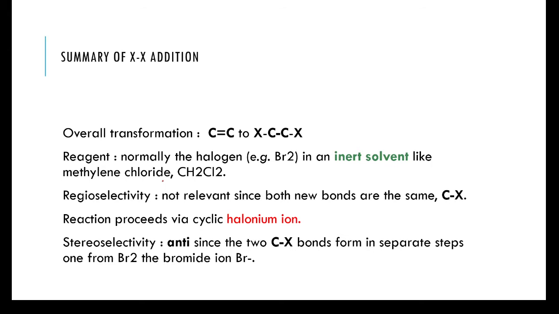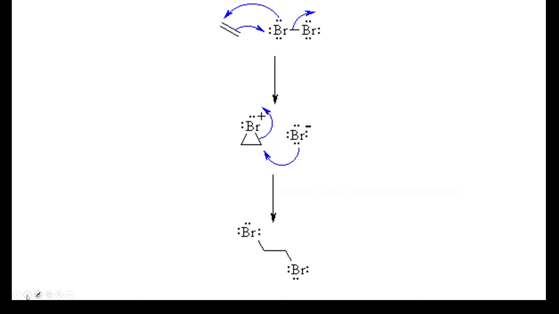We want something that's inert. We are stereoselective for the first time. We have to add in that anti position. But we create this crazy halonium ion as our intermediate.